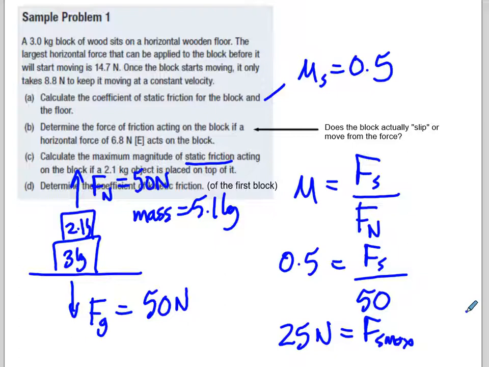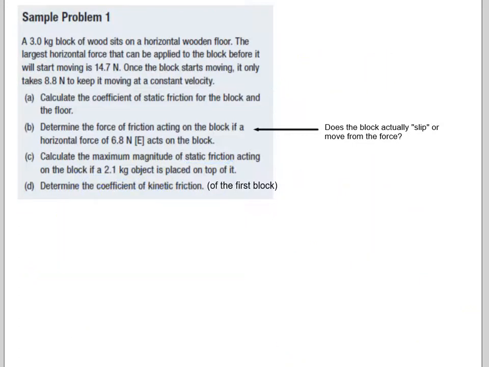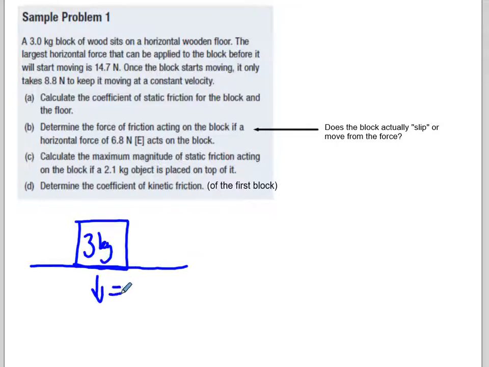Okay, and then lastly, determine the coefficient of kinetic friction. So let's once again clear this. I'm going to assume that's just on the first block, so I'm going to say that's just 3 kilograms. So we have Fg is 3 times 9.8, and that was 29.4 newtons.